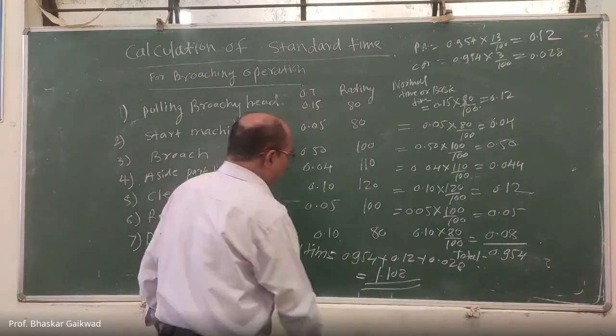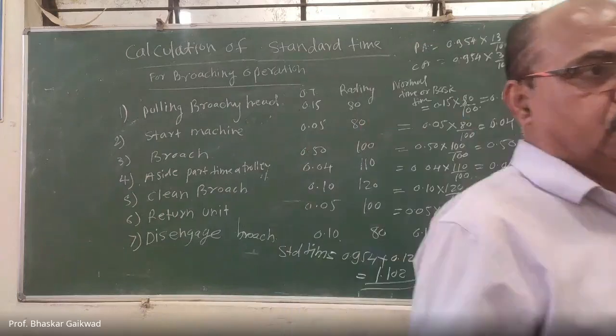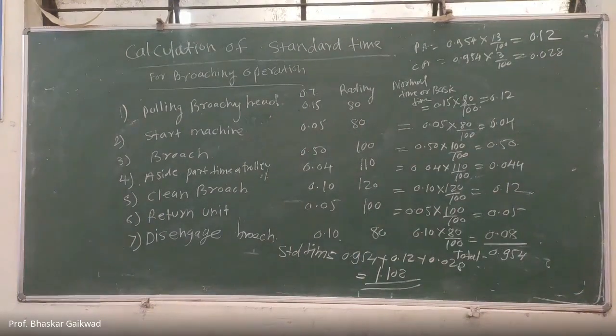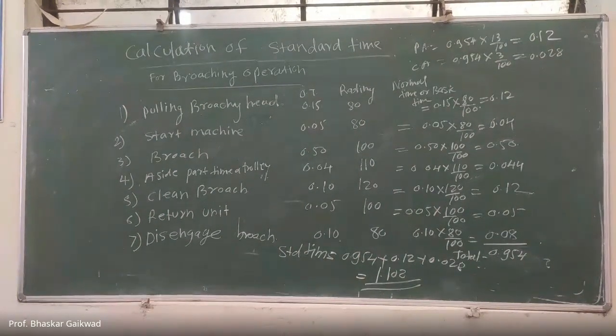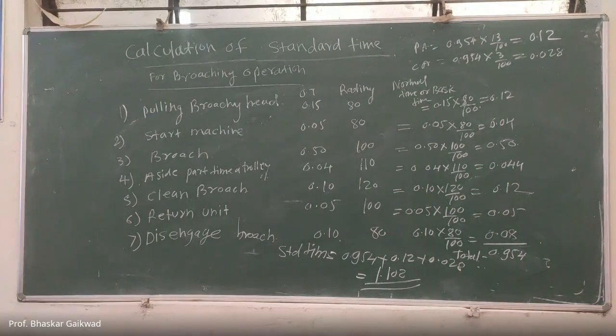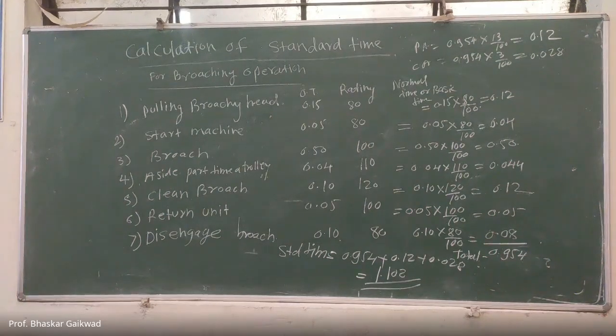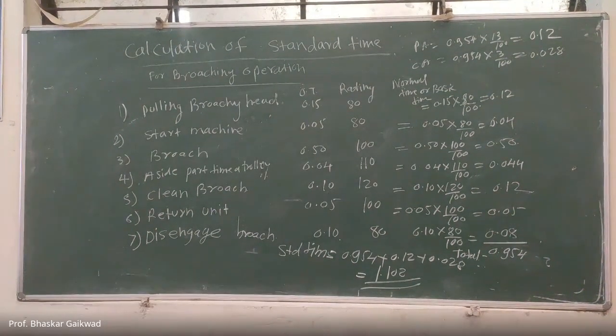So this is the answer for the calculation. Within 1 minute, we can broach that component. If more time than this is required, there is a problem. Ask the workers or the supervisors; there is a problem in the broach. Anyhow, you have to complete your jobs within this standard time.